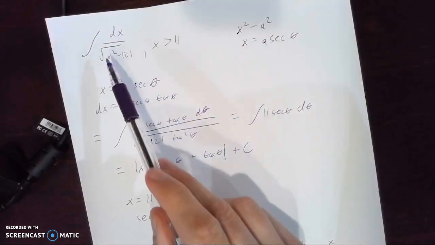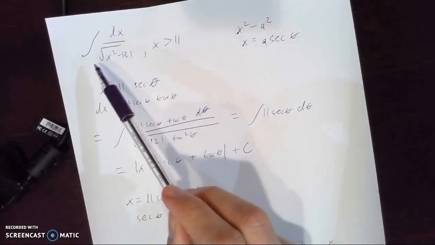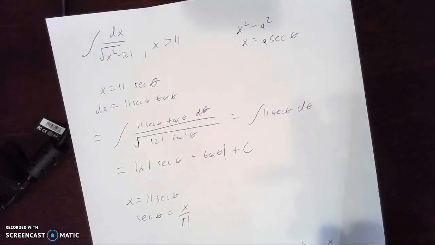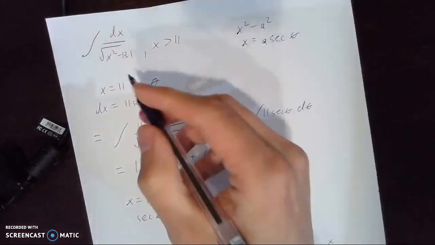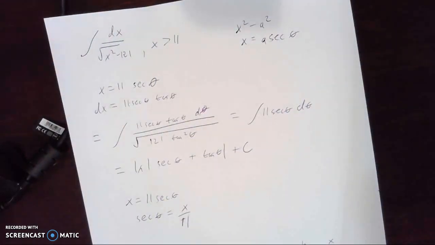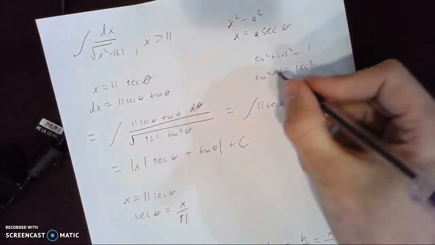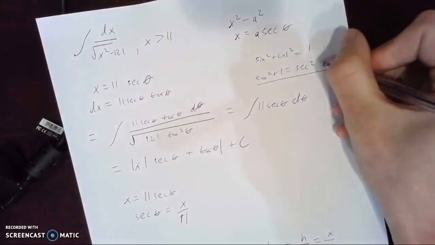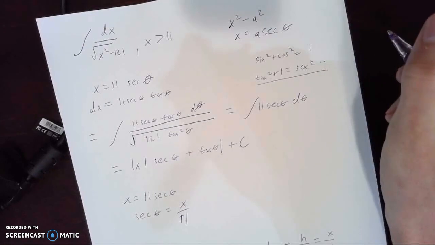Well, when you do this substitution here, we're getting 121 secant squared of theta minus 121. Well, again, we're back to the same Pythagorean identity that we were using before. So we're using this identity, but this time we're moving the 1 to the other side to say secant squared minus 1 would be tangent squared.